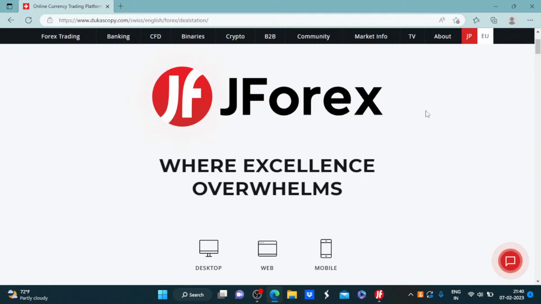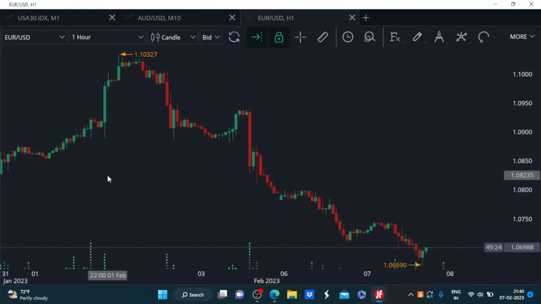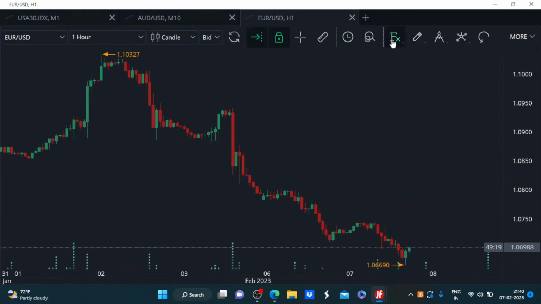So let us now head to JForex, the newly released trading platform from Dukascopy Bank SA. This is the EUR/USD chart with each candle period defined at hourly time frame. For finding this pattern, all you have to do is a quick search, type in advanced. So here it is, Advanced Block, and if you want to know where it is listed, you have to go to the add indicator option.